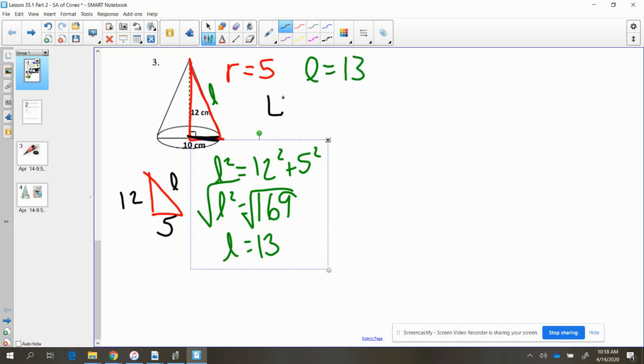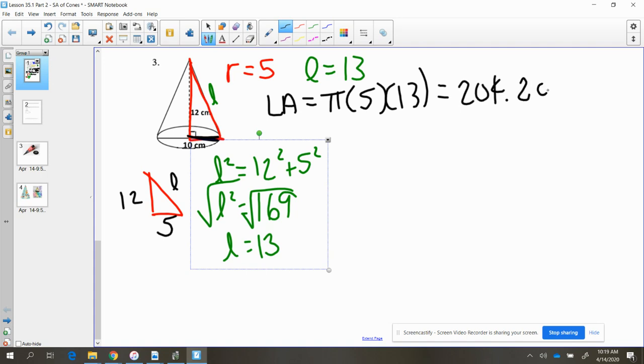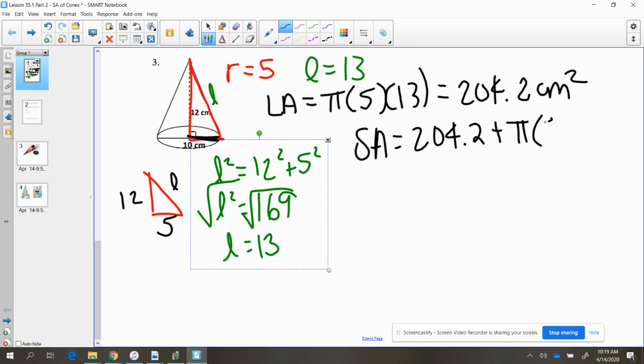And now with the radius and the slant height, we can find our lateral area, which turns out to be 204.2 to calculate, and our total surface area, which is that 204.2 plus another pi r squared, the area of the base, for a total of 282.7 centimeters squared.